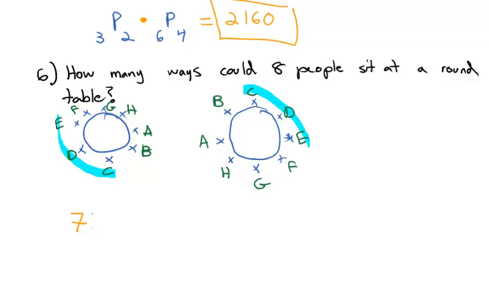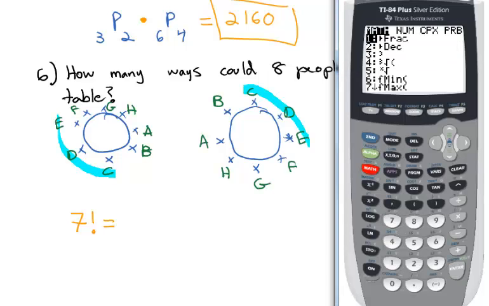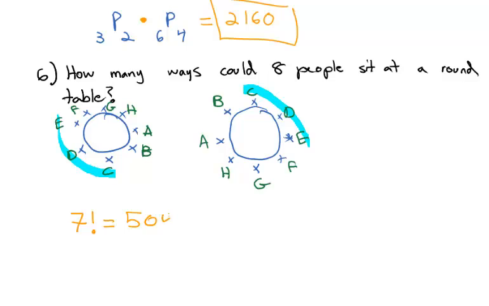And then after that, there's 6, and 5, and 4, and 3, and 2, and 1. You notice we're multiplying 7 times everything below it. 7 factorial, 7, math. Go over to probability. Option number 4 is the factorial. 7 factorial is 5,040. There are 5,040 different ways to sit at a round table for 8 people.